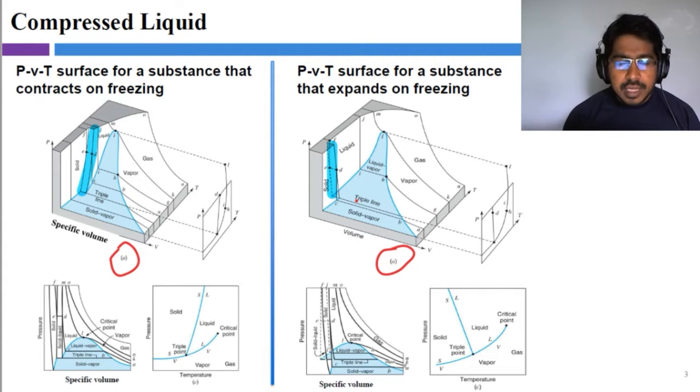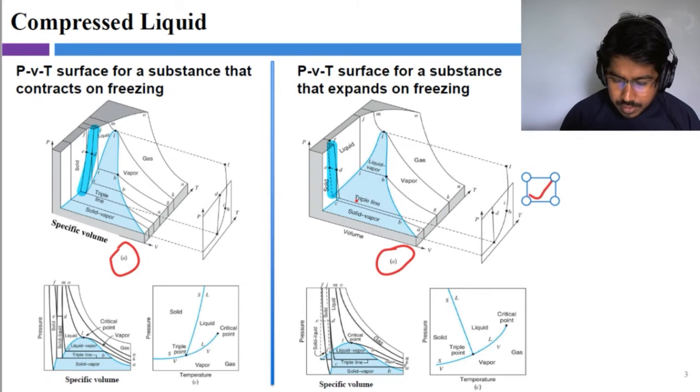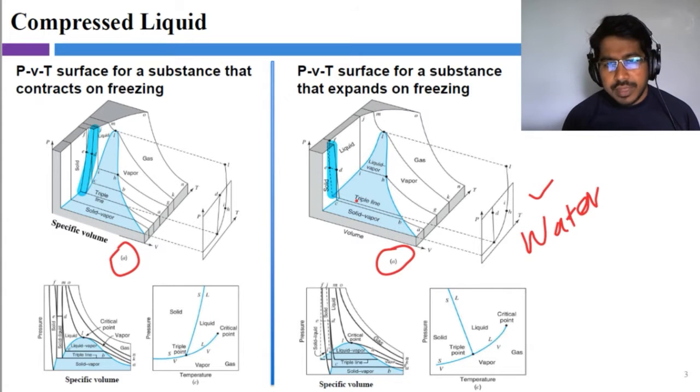An example for this kind of material is water. Did you ever think why ice is floating on water? It's because of this. When we move from liquid water to ice, it expands. In other terms, the density reduces so that it floats on the water. Otherwise, we should not be able to see ice on the water, right?